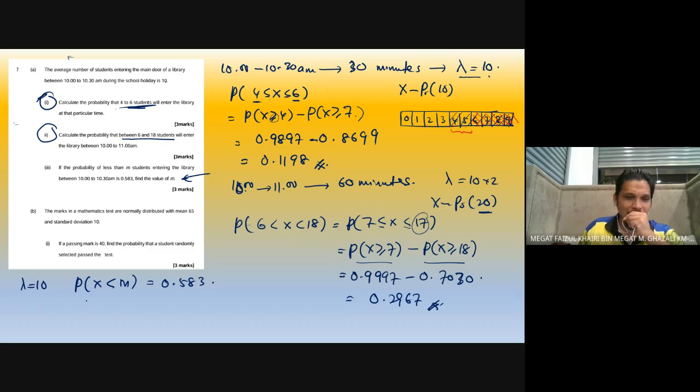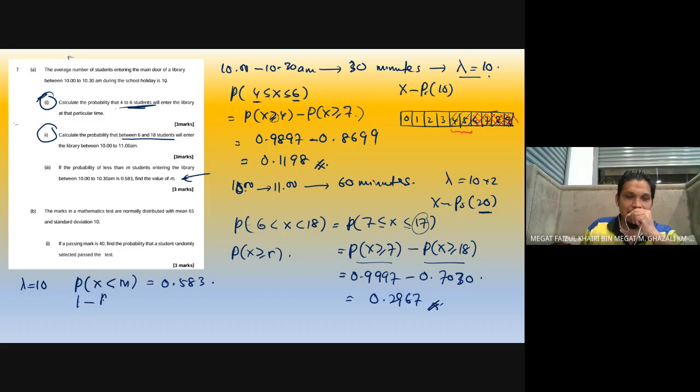Find the value of m. So this one here is x less than m. But the reading of the probabilities in the table is only for probability of x greater than or equal to r. So here you're going to need to do something, like we call the total of probability equal to 1.